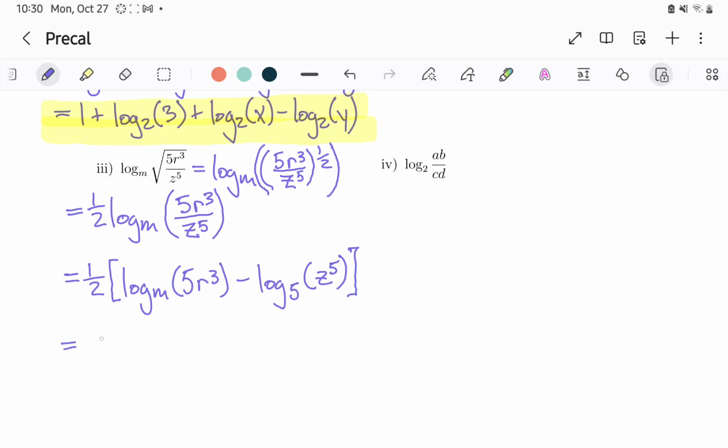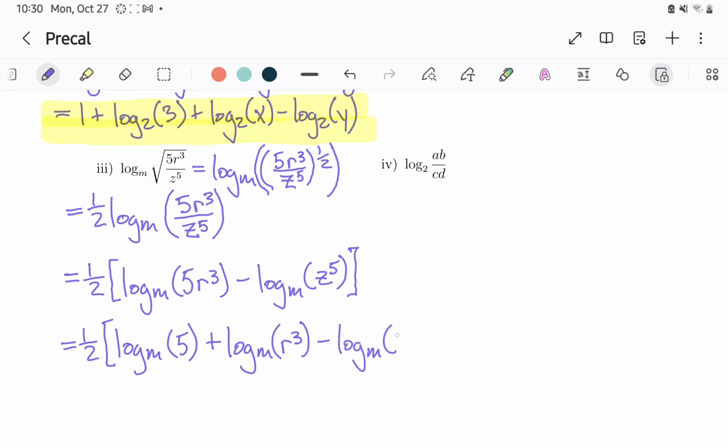Then we can say this is equal to 1/2, and now let's use the product property for log base m of 5r cubed. So this is equal to 1/2 times log base m of 5 plus log base m of r cubed minus log base m of z to the 5.